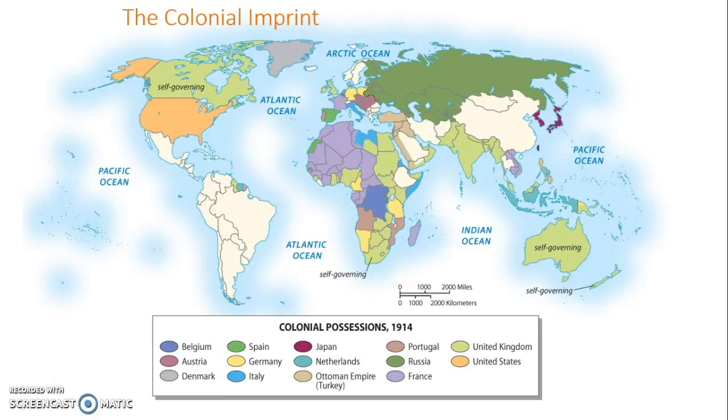The colonial imprint, meaning that all these countries, and actually all of Latin America, were colonial possessions. Latin America is not shown here because this map is from 1914, but that colonial history really has had a big impact on the development and culture and other aspects of all these countries, mostly Africa, Asia, Southeast Asia, and Latin America.